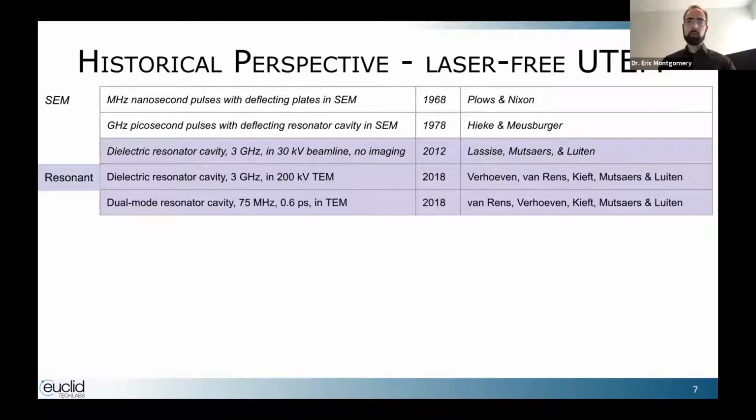The dual mode sweeps the beam in a Lissajous pattern across the chopping aperture, and that allows for a lower repetition rate, which can be matched to a very high repetition rate pump laser for pump-probe.